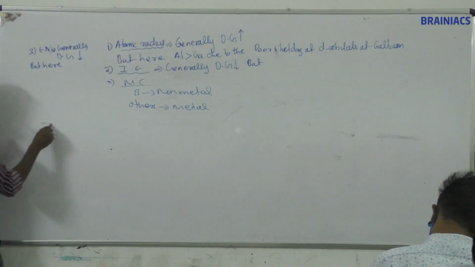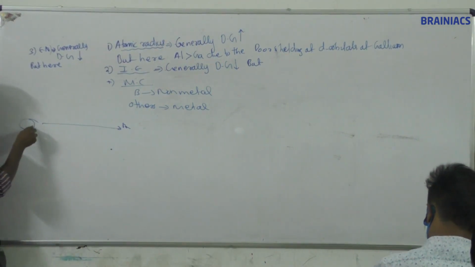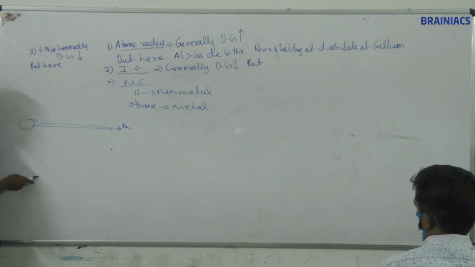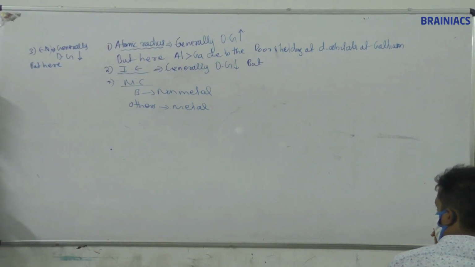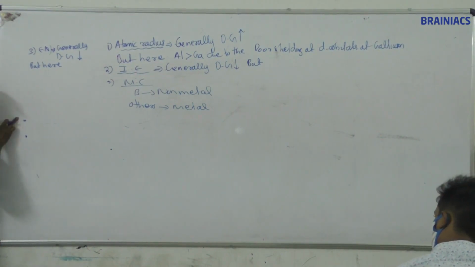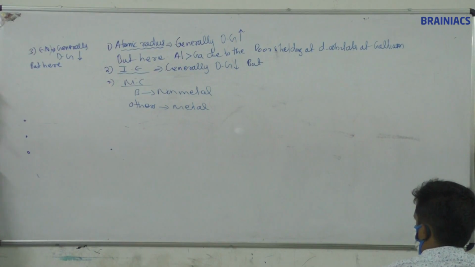Along the period, from non-metals to inert gases, alkali metals, up along the period metallic character decreases, and down the group it increases. So here boron is a non-metal and the others are metals. So this is the third anomalous behavior. What are the first and second? They can form strong p-pi bonds. Boron is a non-metal and others are metals.